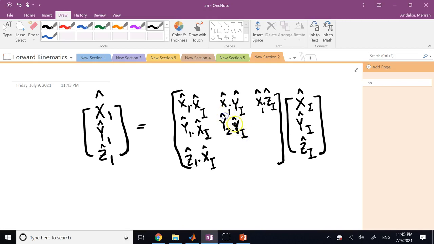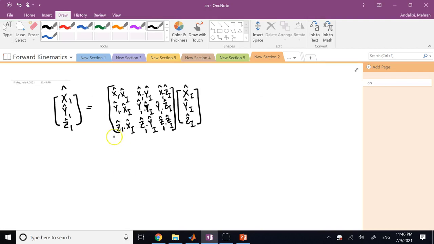So here, let me just write it very fast. This is y1, not y2. There is no y2 here. So this is what you have. And now you might say, what is this?